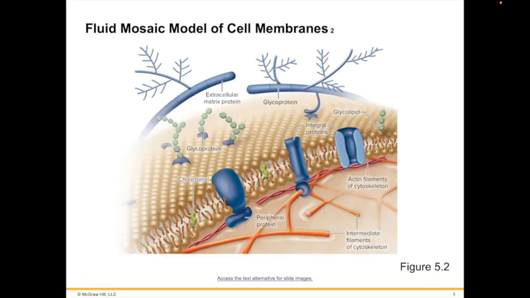If you look at figure 5.3, though it says figure 5.2 here, this is figure 5.3, showing you how they float as if it were a boat. That mosaic includes glycoproteins, the integral proteins, the glycolipids, or even the cholesterol.